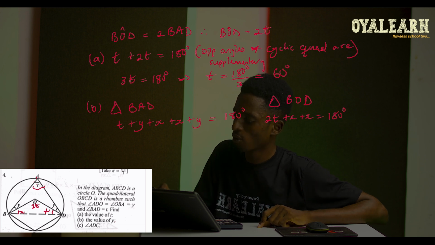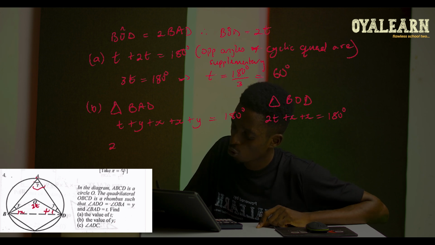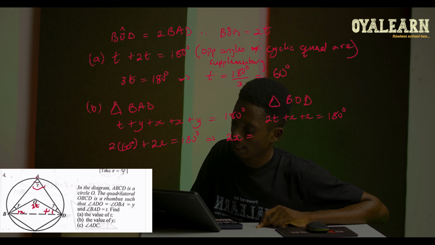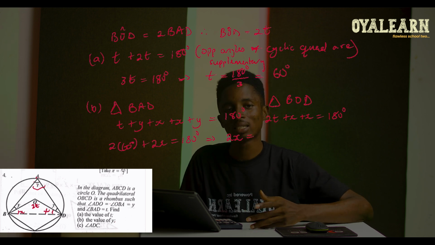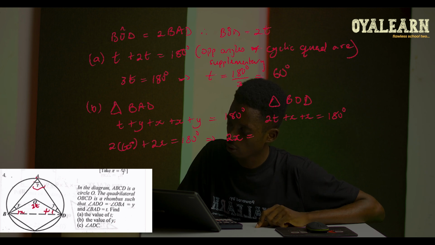So let's get the size of angle x. 2 multiplied by t, which we got as 60 degrees, plus 2x equals 180 degrees. This implies that 2x equals 180 minus 2 times 60, which is 120. So that is 180 minus 120 to give us 60 degrees.